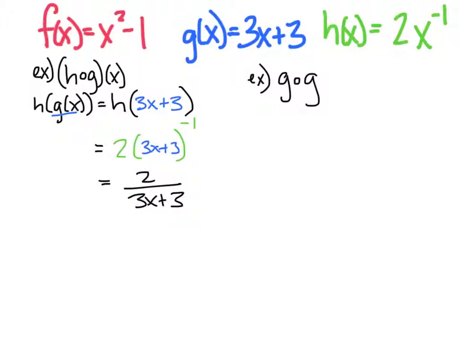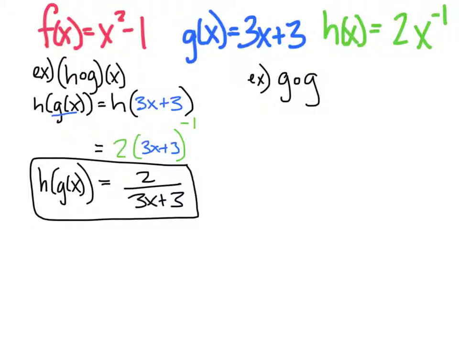No. So factoring won't help me at all. Right? So I'm done. All right, so h of g of x equals 2 over 3x plus 3.